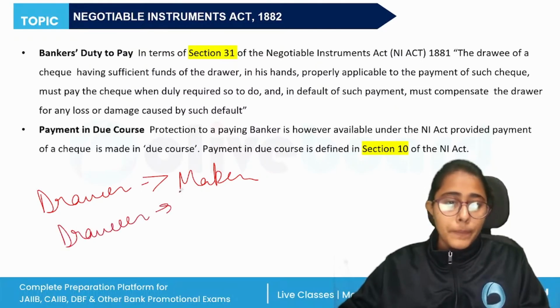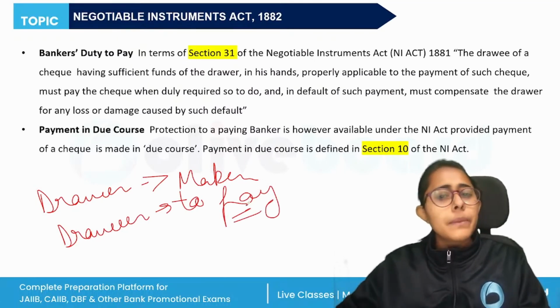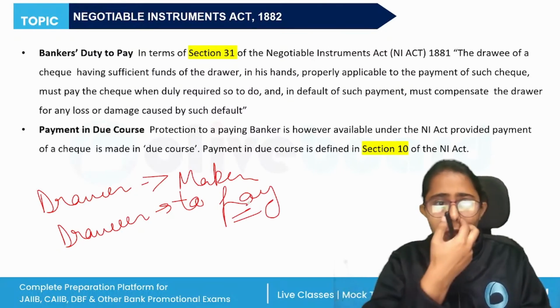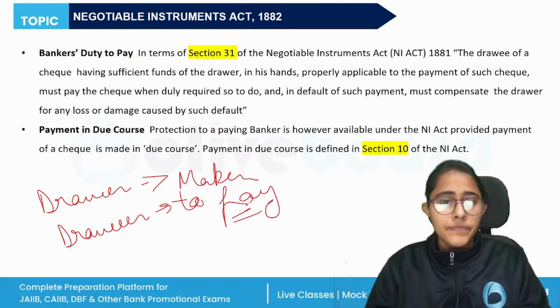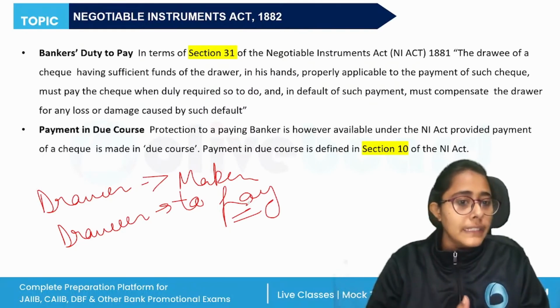Directed to pay is the drawee. Then the drawee in case of need will be a third person who will be resorted to if the need arises, if there is any endorsement.